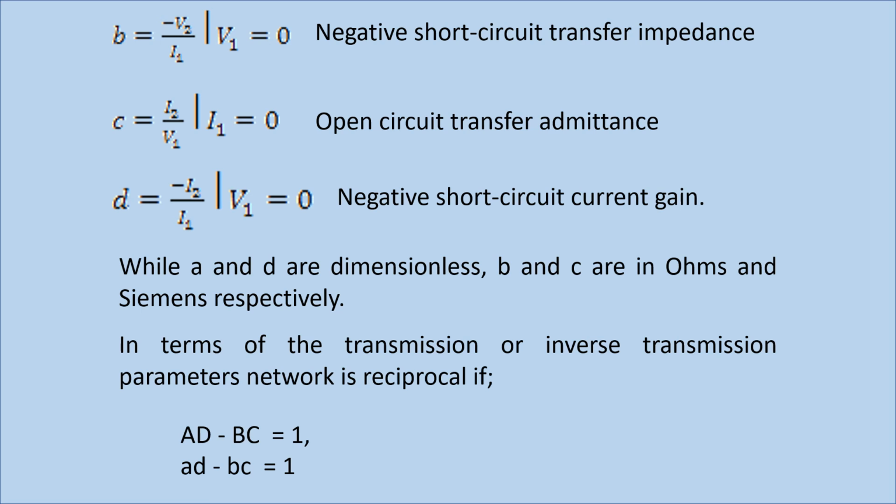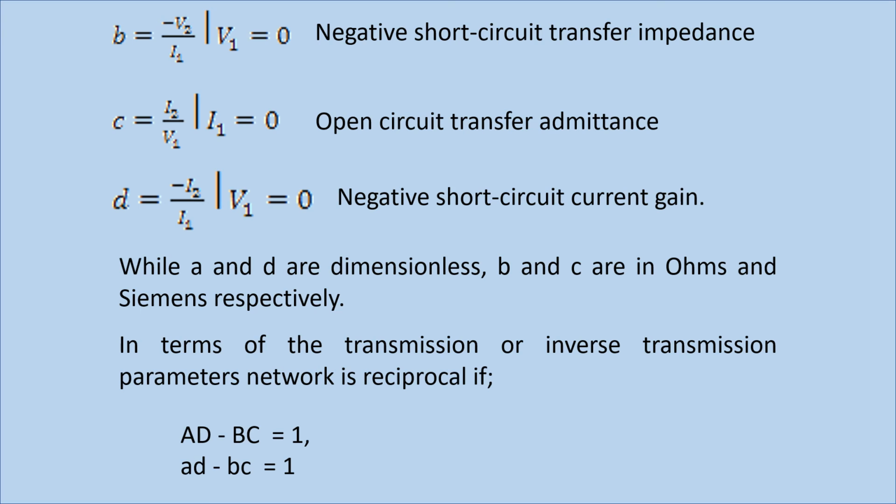And our d is called negative short circuit current gain. Negative short circuit current gain, d, is equal to minus I2 over I1, provided that your V1 is equal to 0. Remember that in this transmission parameter we also have a mixture of impedance parameter, admittance parameter, current gain, and also voltage gain.